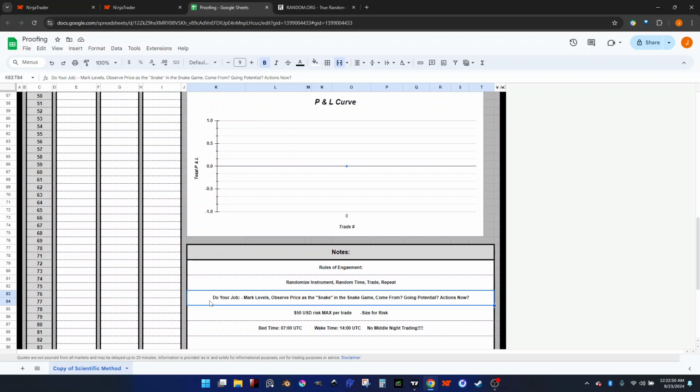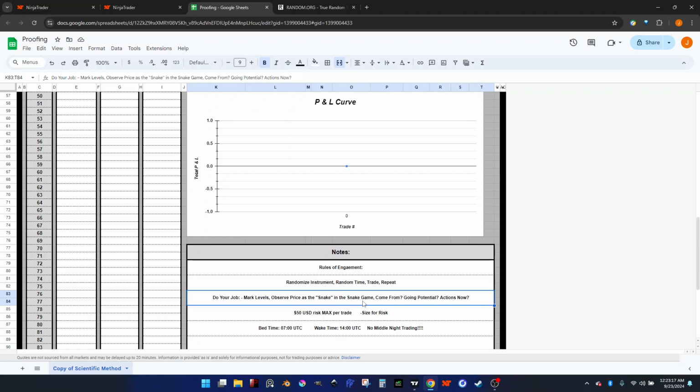Basically, our task is to mark levels, observe price, and you've got to look at price as sort of like a rope, or a good example is the snake in the snake game. Every new tick, the snake gets longer, so it's not really time frame constrained. It's more of a continuous flow of motion.